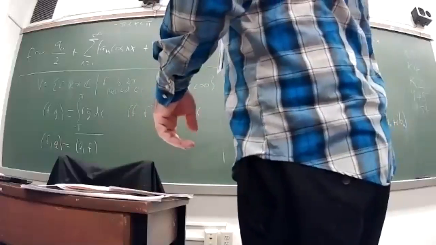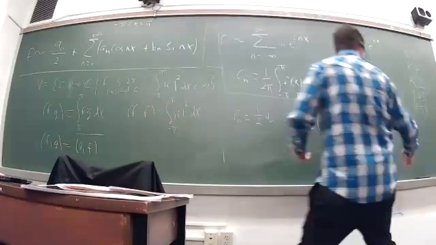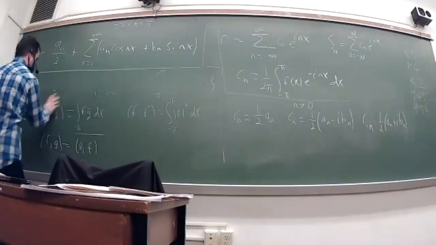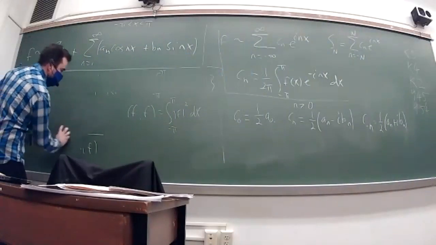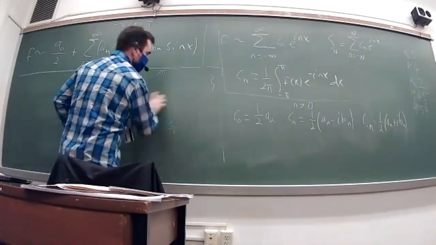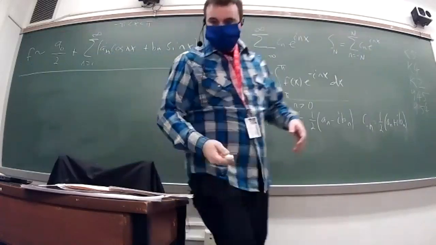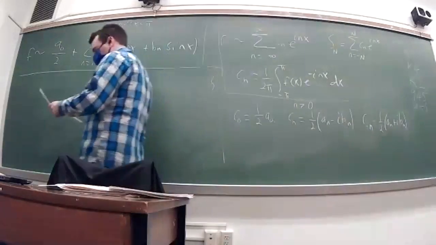And you can also go the other way. You can start with a Fourier series that's complex and then figure out the real version of it. So how can you do that?